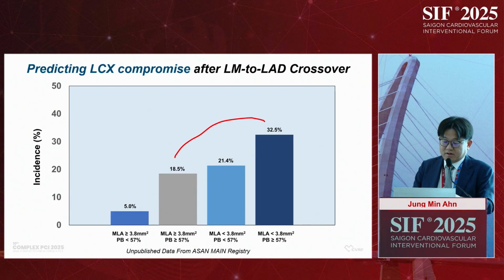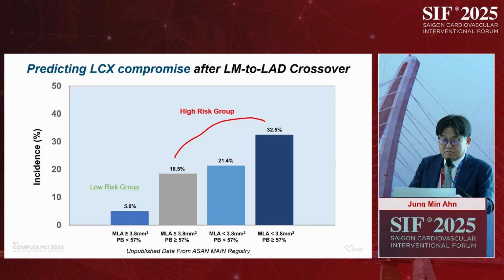So we grouped high-risk and low-risk groups. In the high-risk group, with minimal lumen area less than 3.8 and plaque burden more than 57, one out of three cases suffered circumflex ostial compromise after simple crossover stenting.